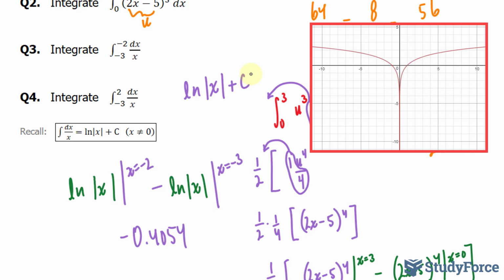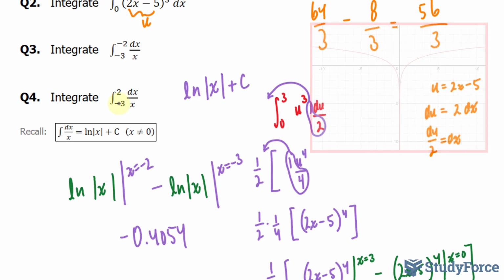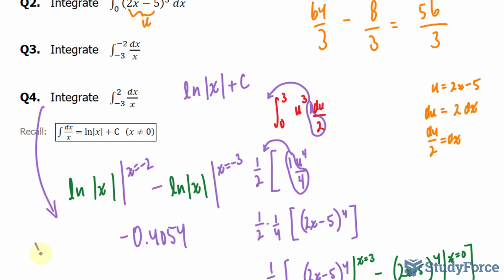So we are asked to find the integral between -3 and 2. But you can't find the area between -3 and 2 because it's discontinuous at x is equal to 0. Therefore, be sure your function is continuous and differentiable between the given limits before evaluating a definite integral. So the answer to this question is undefined.